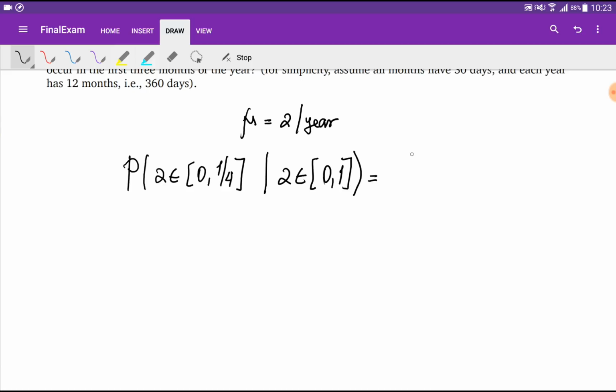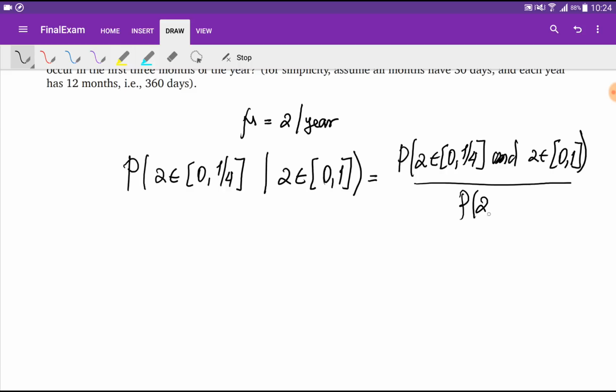This is going to be equal to the probability that 2 earthquakes are going to happen in the first quarter and 2 earthquakes happen in 1 year, divided by the probability that 2 earthquakes happen in 1 year.